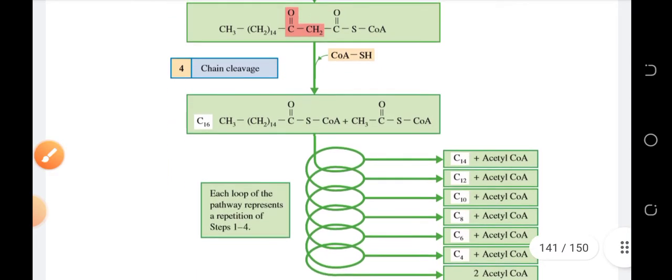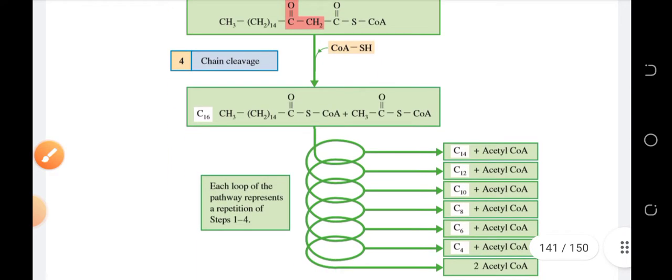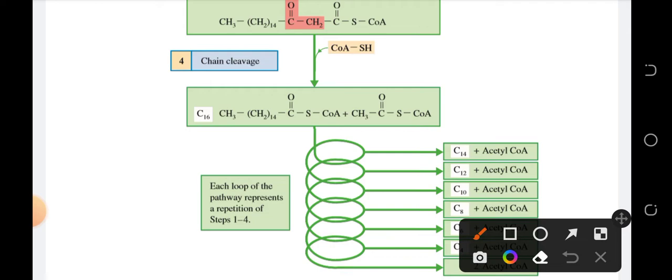Okay? So, repetitive cycle yan. That's the first run ng beta oxidation. After the second run, ganun pa rin ulit, meron tayong saturated, magiging alkene, magiging alcohol, tapos magiging ketone, tapos magkakaroon ng cleavage. From that C14, minus 2.